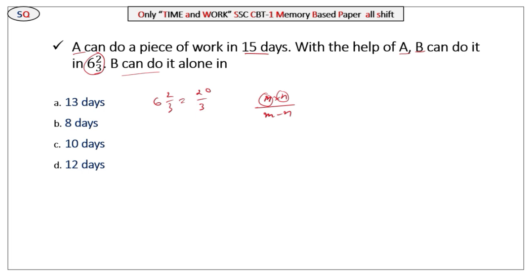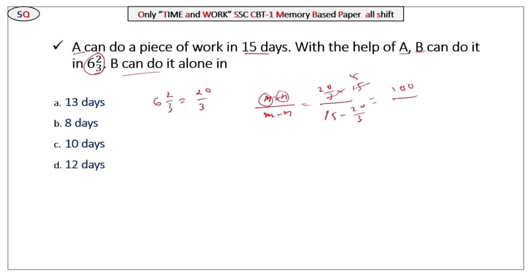So with the help of A means M minus N. So 20 by 3 into 15 and 15 minus 20 by 3.